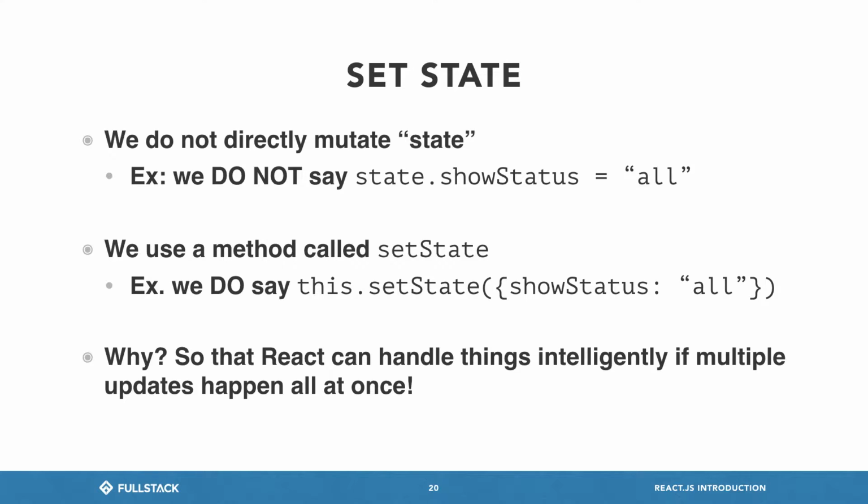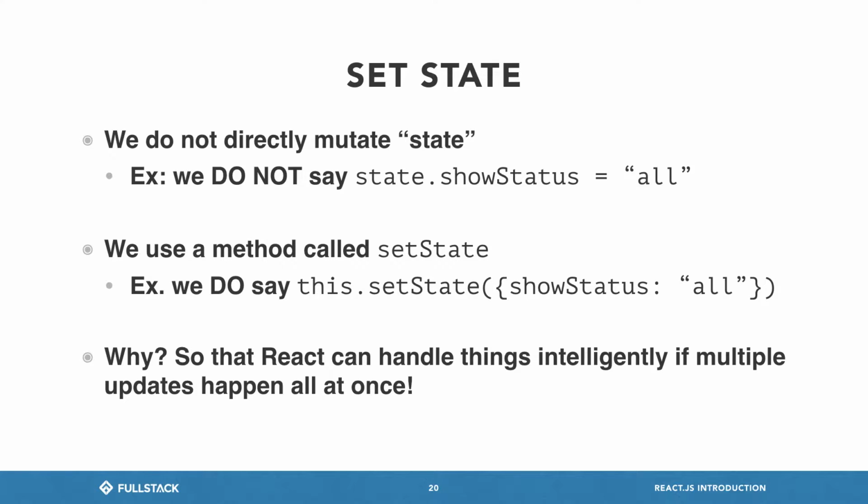So I have an object, it is my state, and I want to change it with some new data so that my view is updated to reflect that. I'm going to use a setState method, and it says this.setState. We'll see what this is in a moment. It is the React component that we're currently in, but we are going to give it the new properties that we want to change, and it is going to merge these two objects and return to us a new state object.